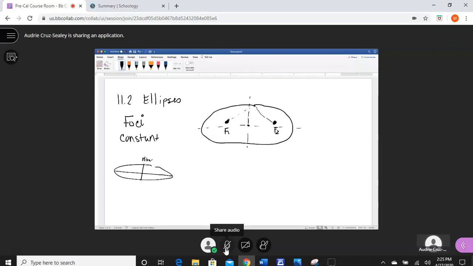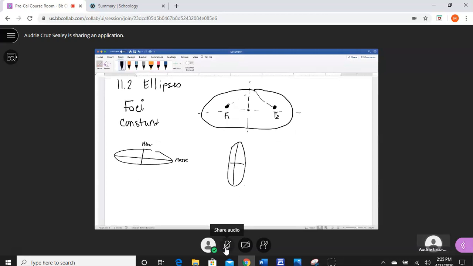But if it was stretched this way, then this would be the major axis, and that would be the minor. So it's pretty self-explanatory. The longer one is going to be the major, and the smaller one's going to be the minor.